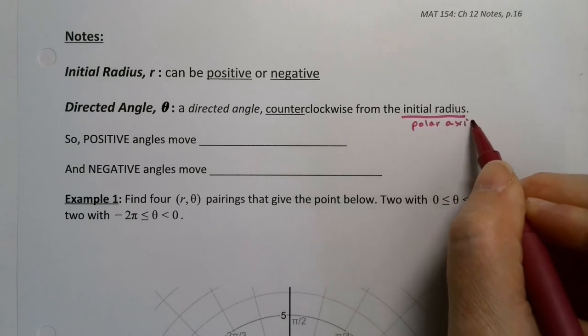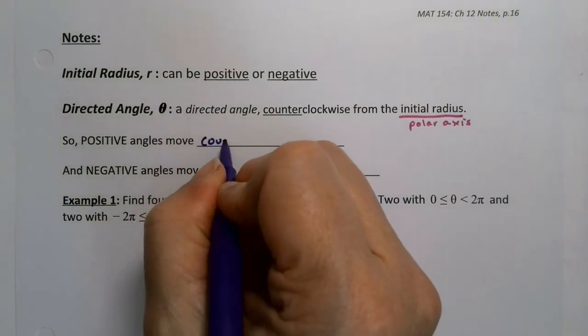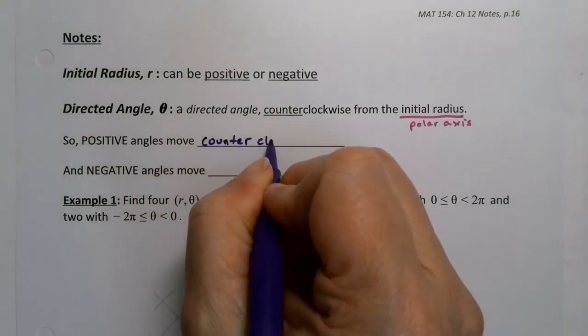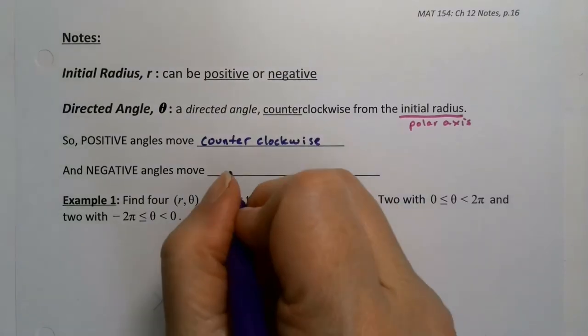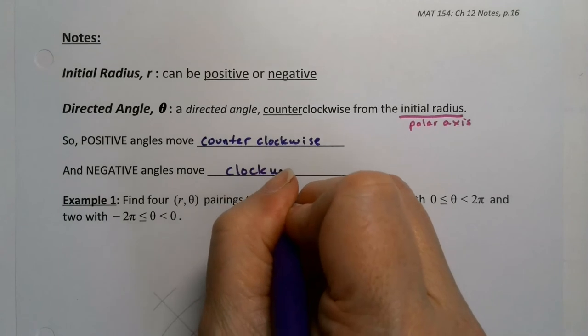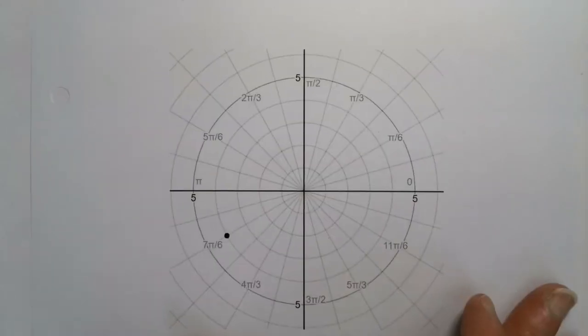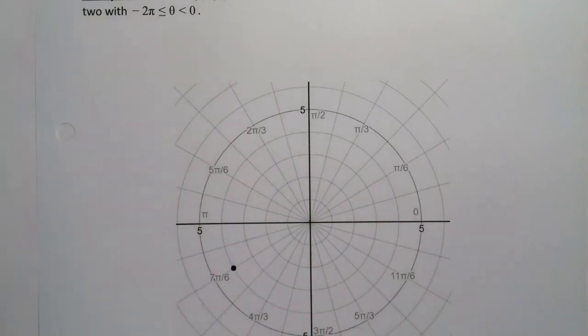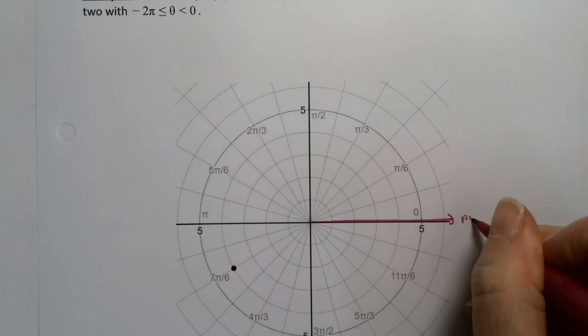It's the positive x-axis that you know and love. So positive angles mean that you're moving counterclockwise, just like it says. But negative angles would mean you're moving clockwise. And that's why you learn them that way when you learn the unit circle. So if you think about it, the positive polar axis is right here. Hello, positive polar axis right here.